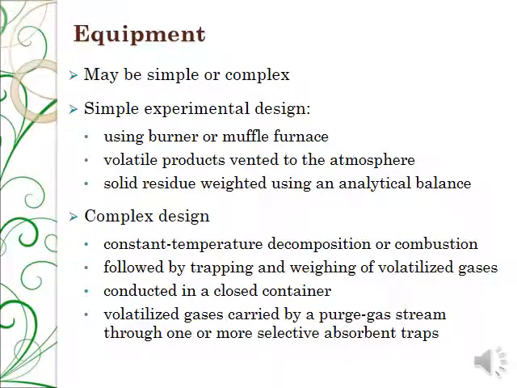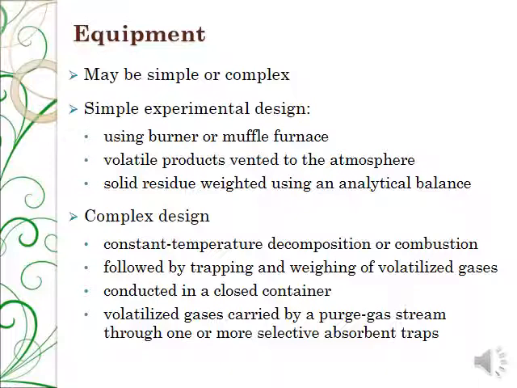So what is the equipment used for volatilization gravimetry? It can be simple or complex. For a simple experimental design, it will normally use a burner or muffle furnace, and the volatile products will be vented to the atmosphere, and the solid residue remaining behind will be weighed using an analytical balance.